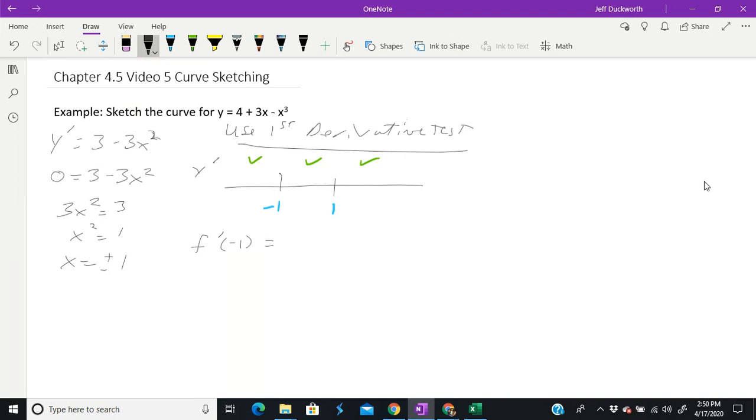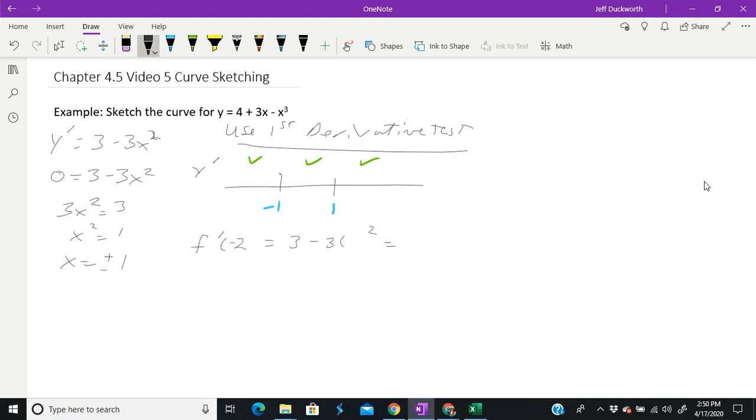So we're going to use y prime of... we don't want -1, I want -2.